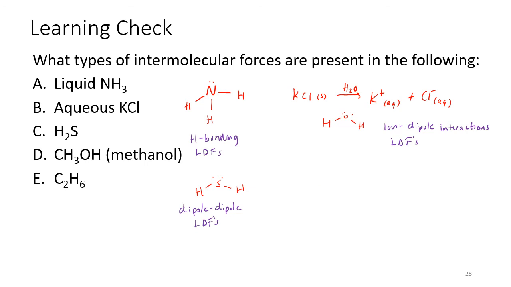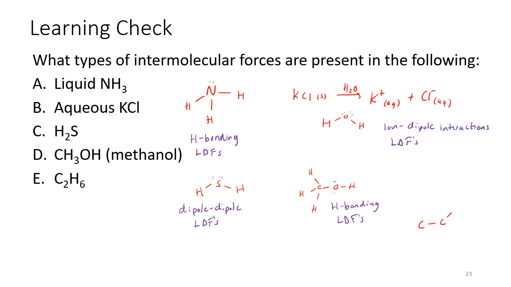Methanol, CH3OH, will have carbon bonded to 3 hydrogens, and then a 4th bond to oxygen, which is bonded to a hydrogen. Because we have an oxygen-hydrogen bond within methanol, the strongest intermolecular force present will be hydrogen bonding, along with its London dispersion forces. And lastly, C2H6.